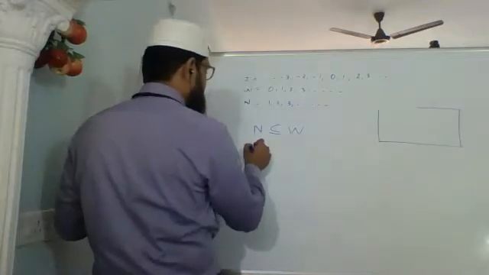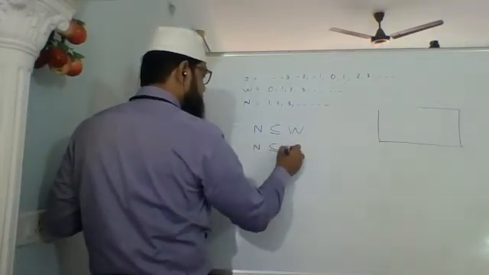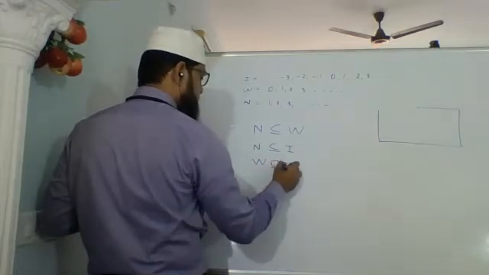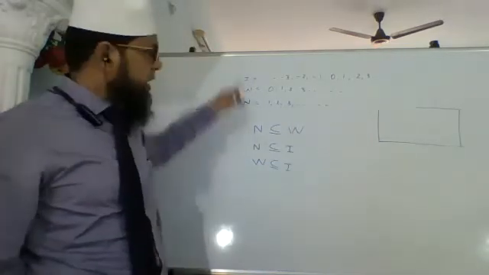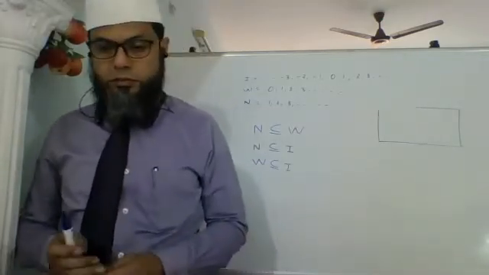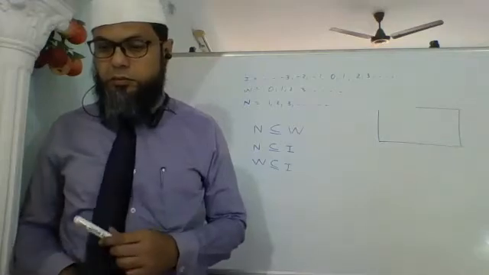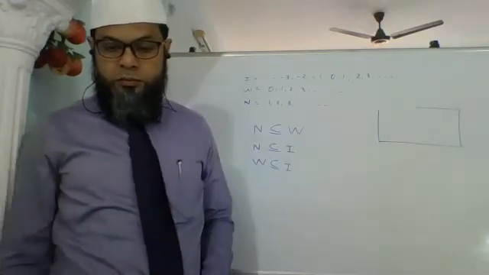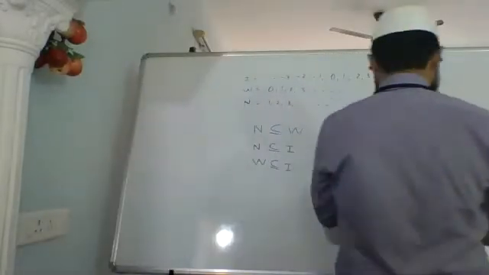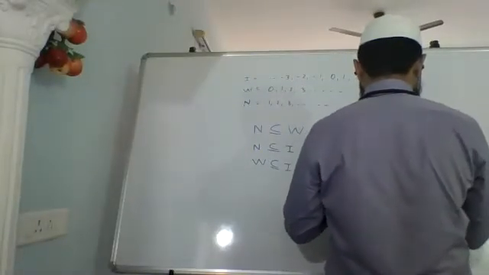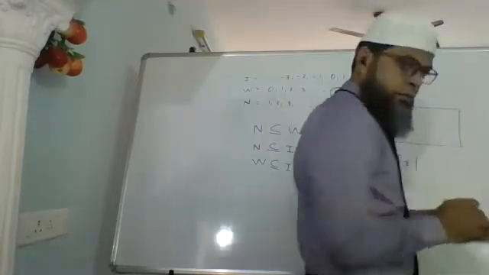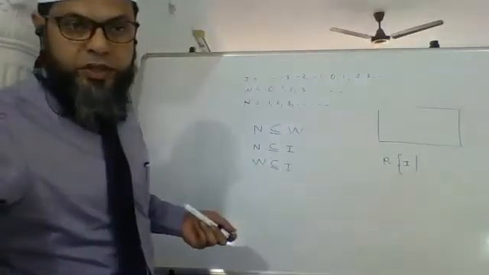So similarly, natural numbers is also a subset of integers. यहाँ तक कि W is also a subset of integers. Please copy this also.